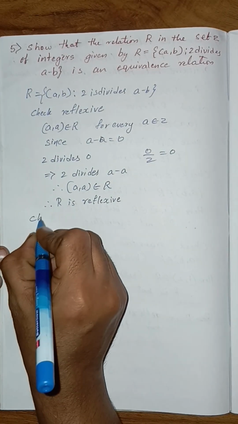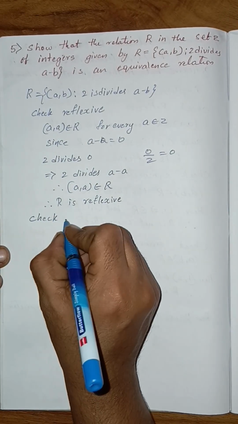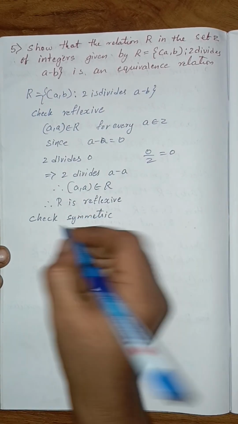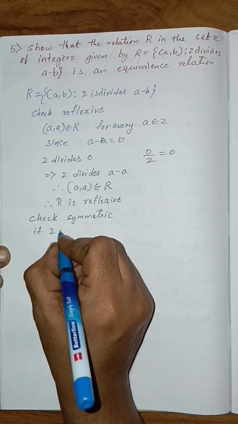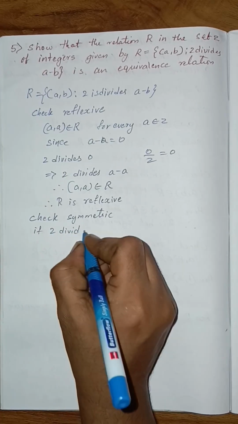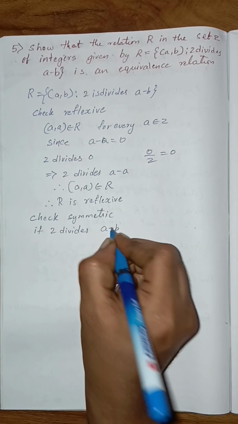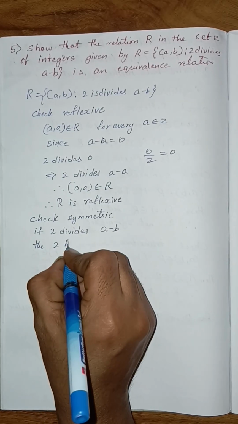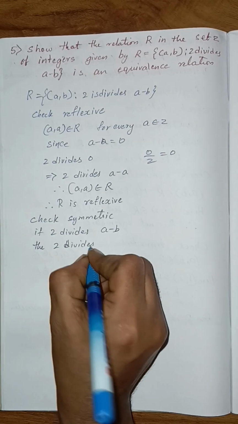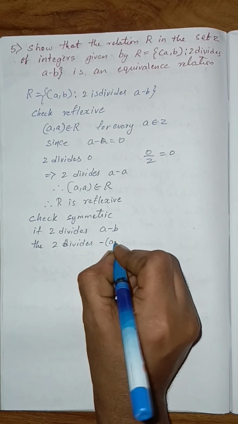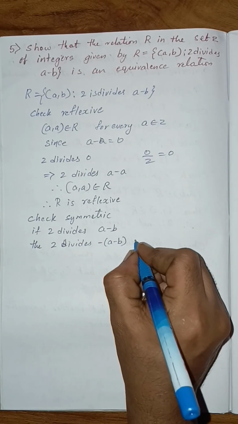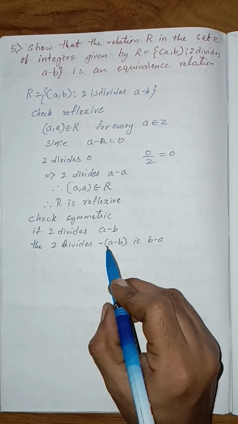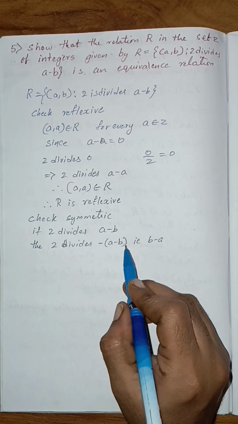Now we are going to check for symmetric. If 2 divides a minus b, then 2 divides minus of (a minus b), which is nothing but b minus a. So I can write b minus a as minus of (a minus b).